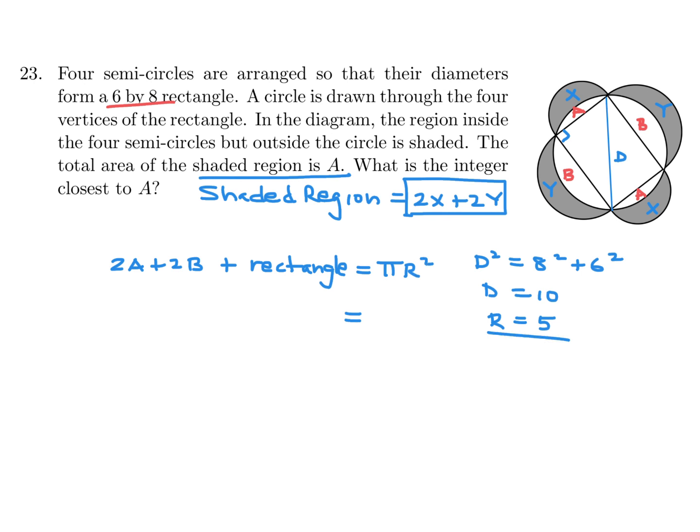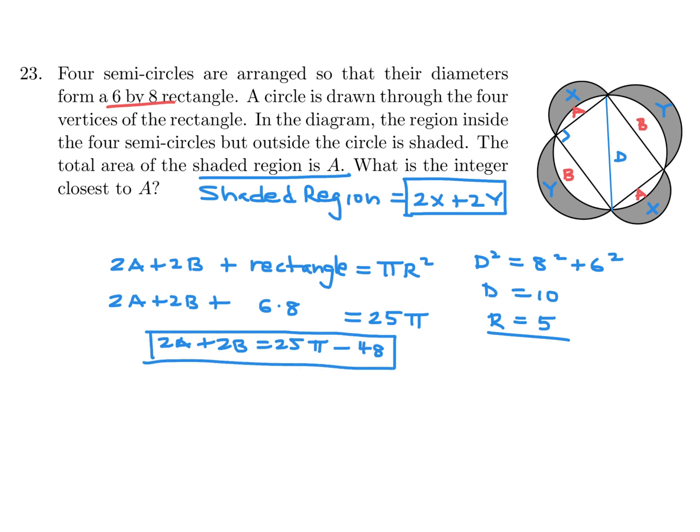So r we got 5, so that's 25 pi. 2a and 2b, that I don't know yet, so I'll just leave it like that. But the rectangle, that's easy. That's 6 times 8. So 2a plus 2b is 25 pi minus 6 times 8, which I believe is 48. So that is a very, very good finding.